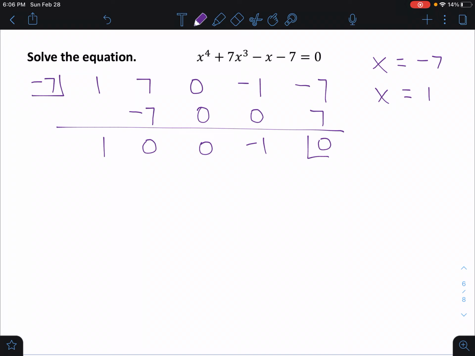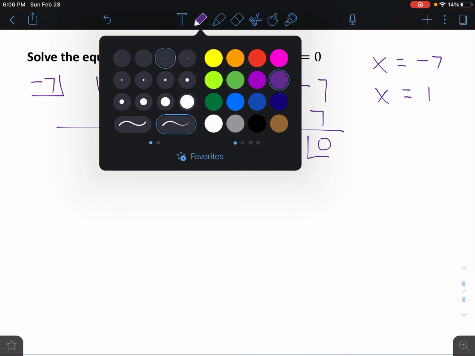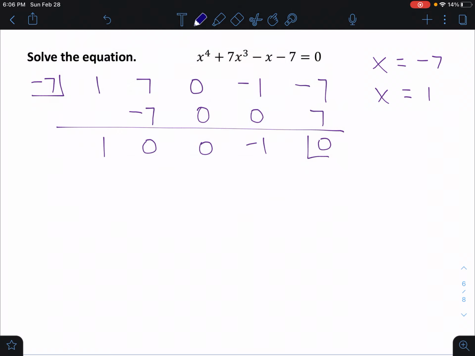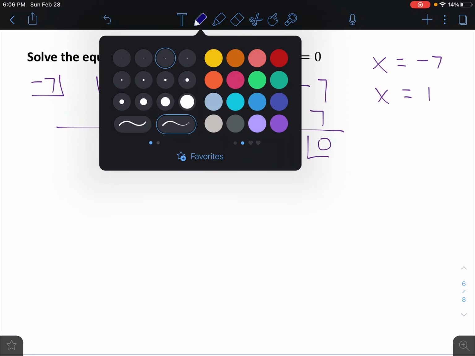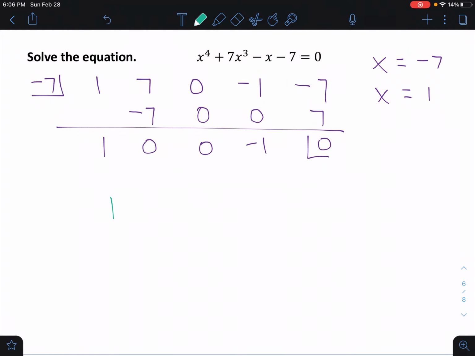Okay, so what do I end up with? This is kind of weird. That's a 3rd degree, so now I'm just going to take this. And yeah, it's kind of weird. So I got 1, 0, 0, -1.